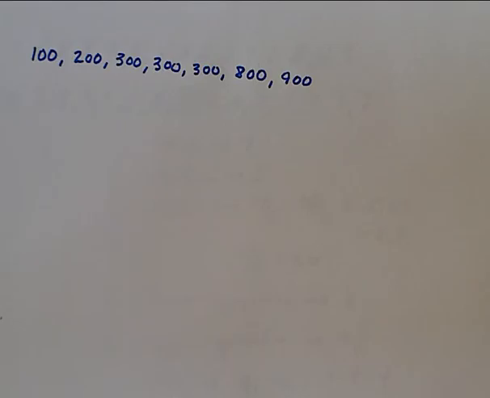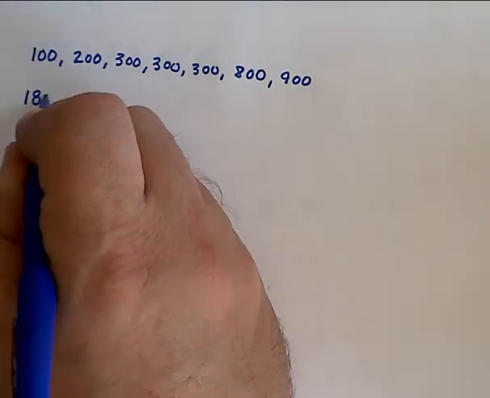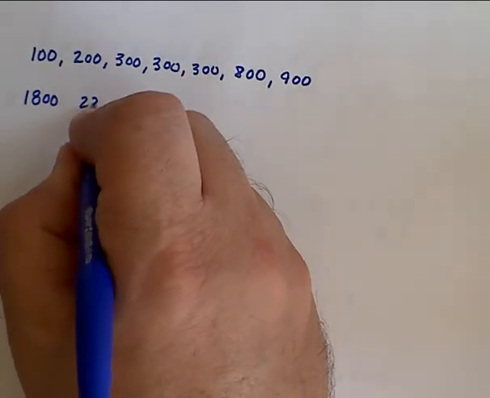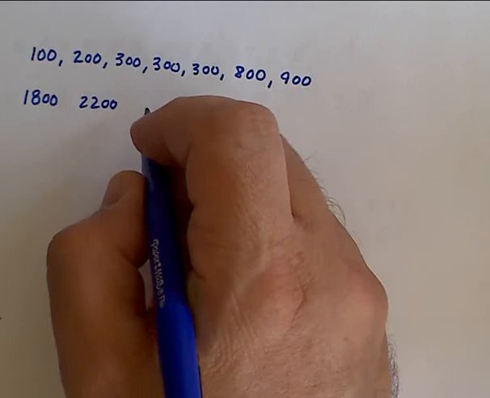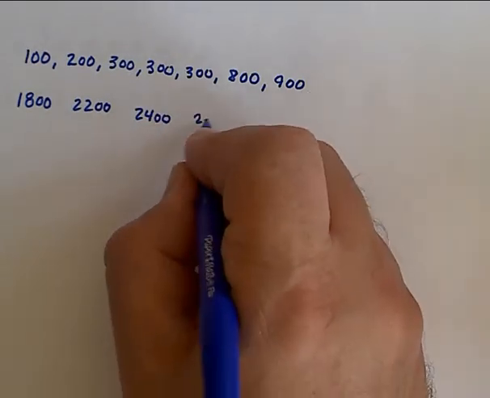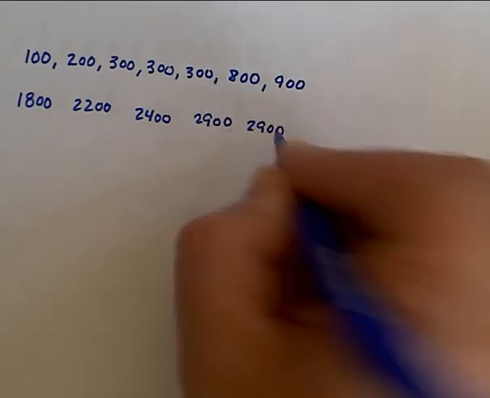So the next row, they do the 1 and the 8, so that's 1,800. And then the next row, 2,200, 2,400, 2,900, 2,900 again.